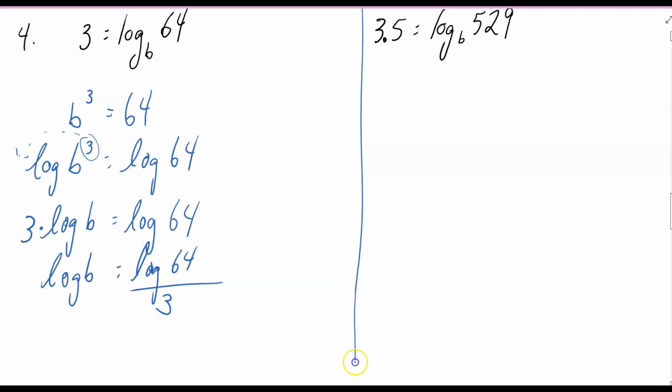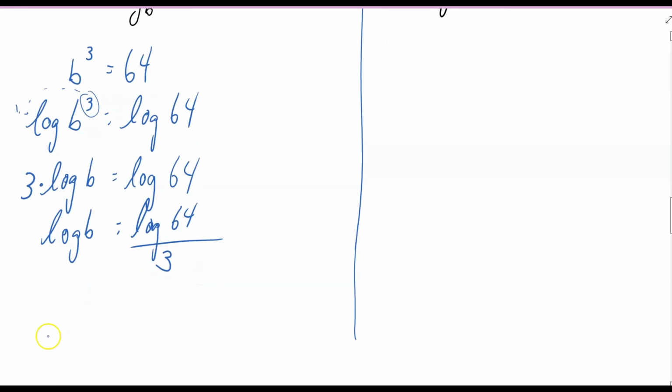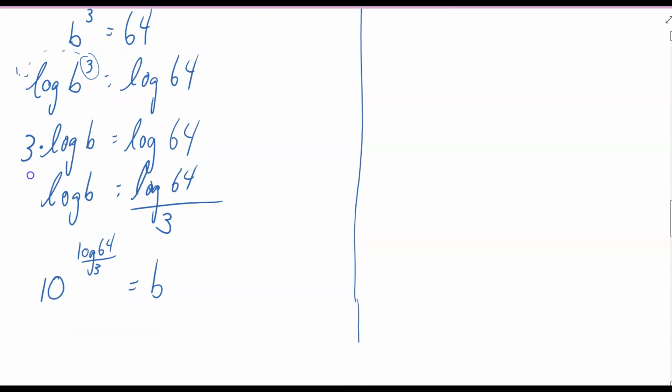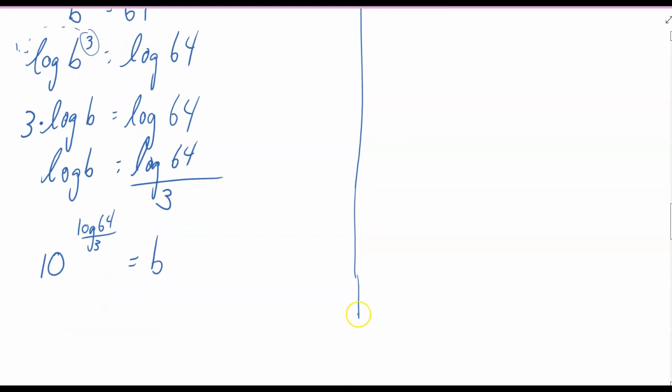Changing back to exponential form, the base 10 to the power log 64 over 3 equals the argument b. And so this is much like the last one.